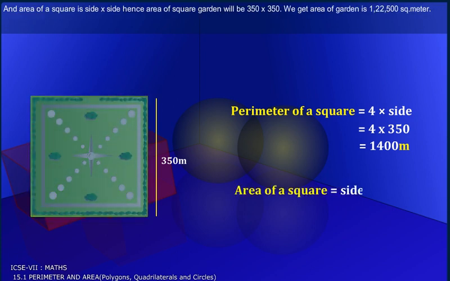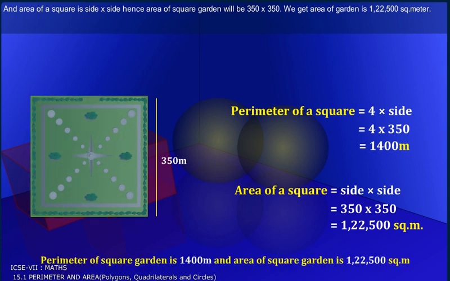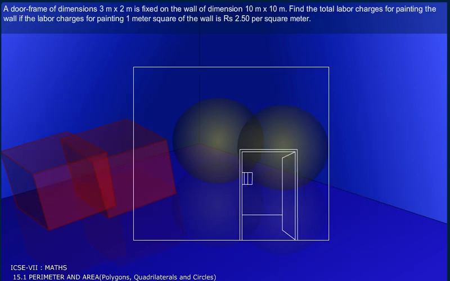And area of a square is side into side. Hence, area of square garden will be 350 into 350. We get area of garden is 1,22,500 square meter.